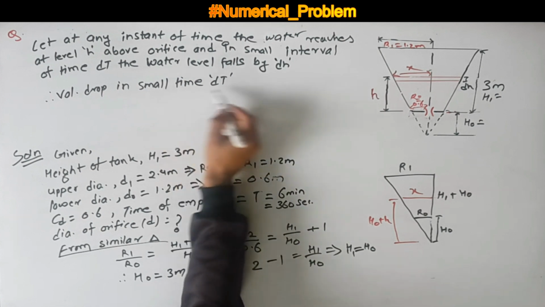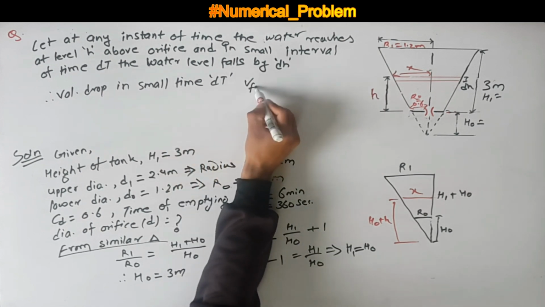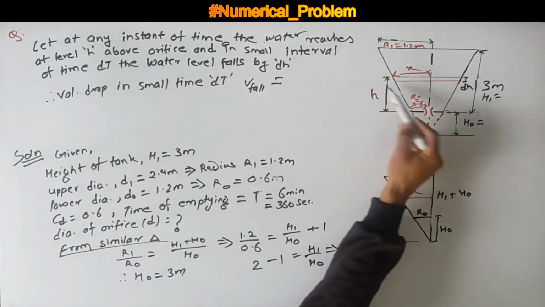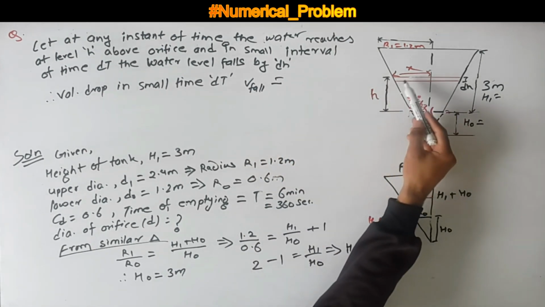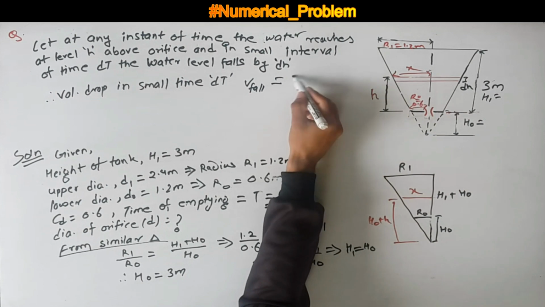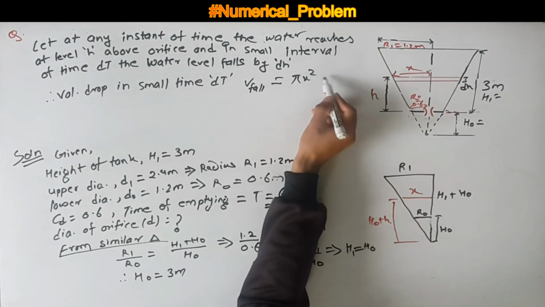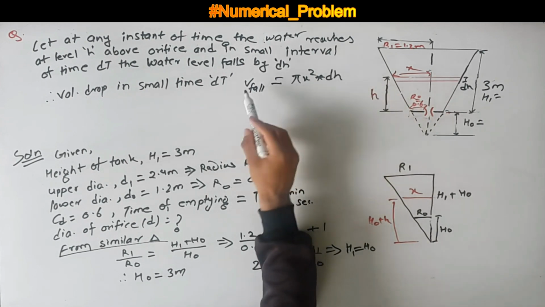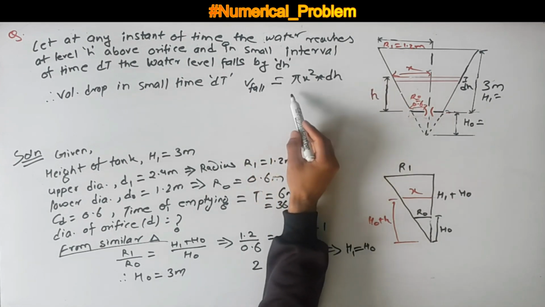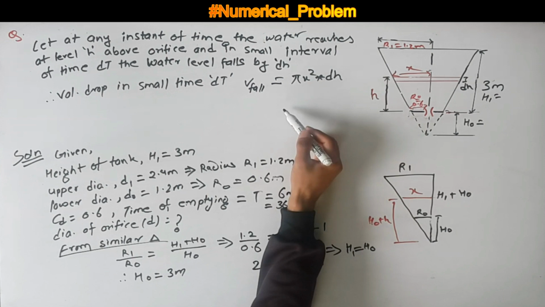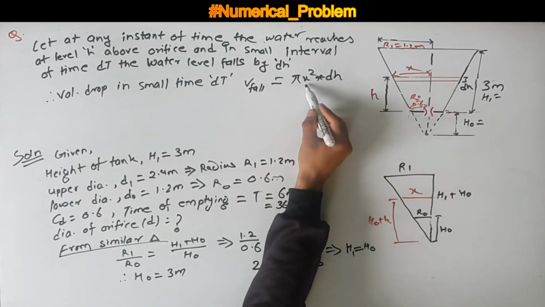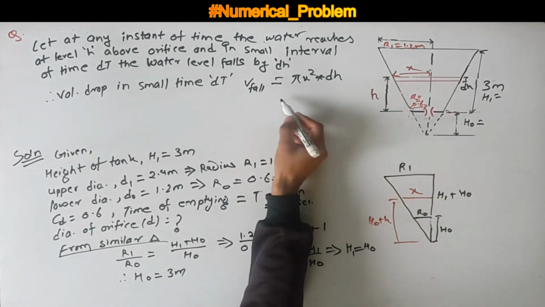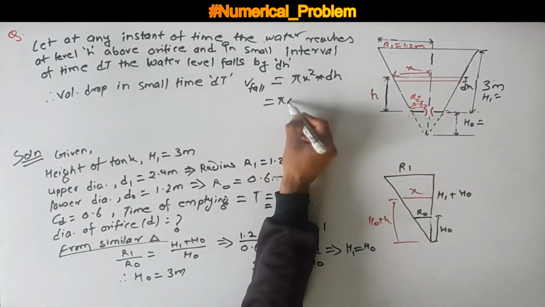So that we can calculate here the volume drop in a small interval of time dt. This is equal to, let this be V fall, equal to the surface area at height h, this is pi x square into small height dh. This is the volume drop in small interval of time dt. We can convert this x in terms of radius and other parameters.